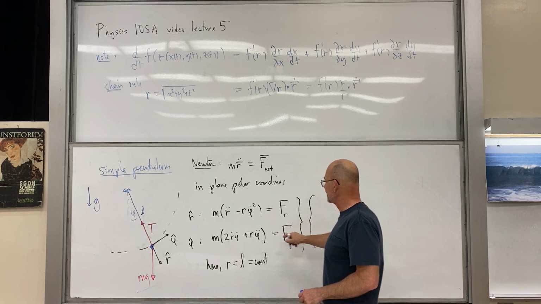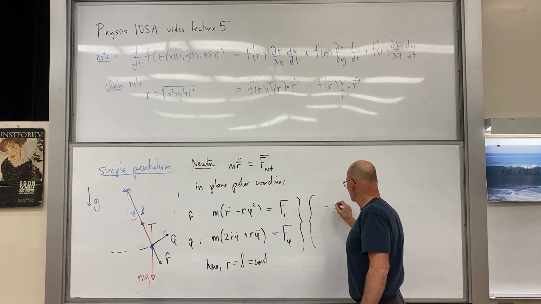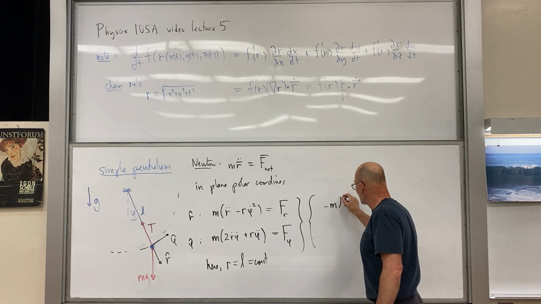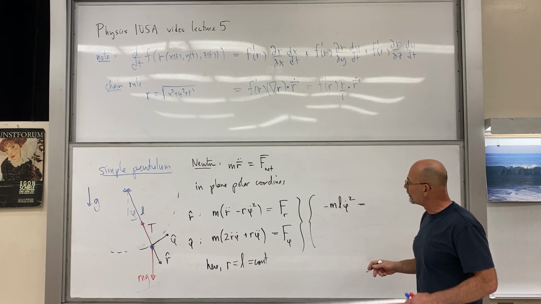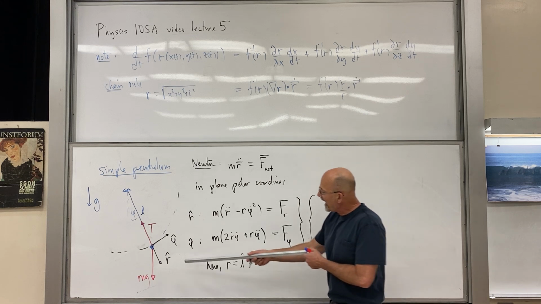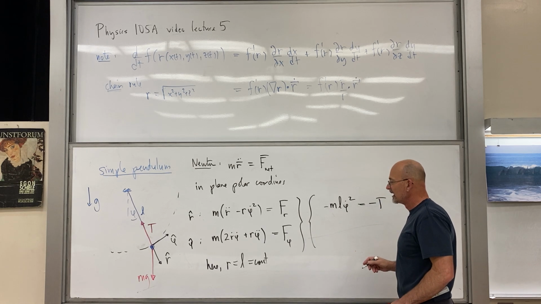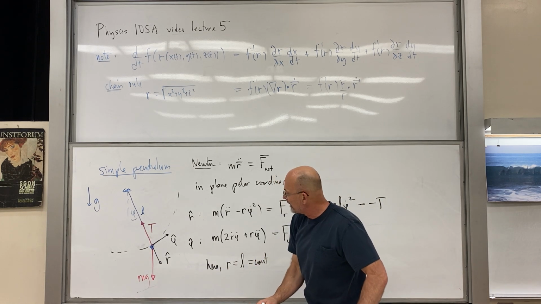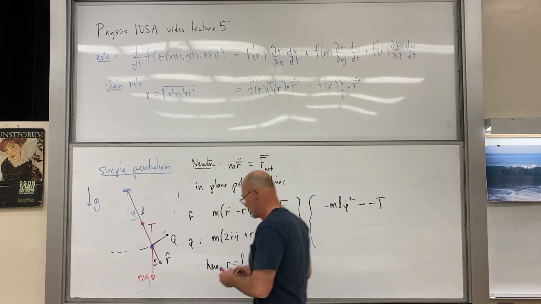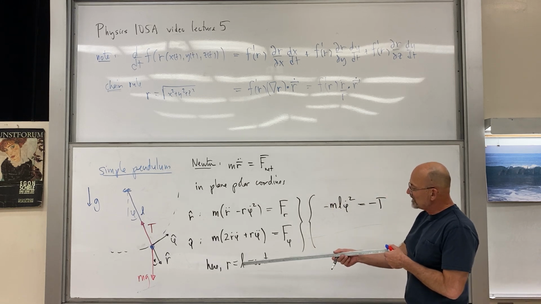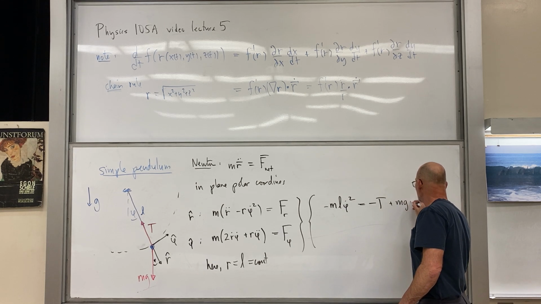For the r hat equation, we have minus m L phi dot squared equal to the forces in the r hat direction. r hat is pointing out, so the tension is opposite it, so that's minus tension. And for mg, let's place where that angle phi is. We've got phi there and there. So mg cosine phi is pointing in the r hat direction, so plus mg cos phi.